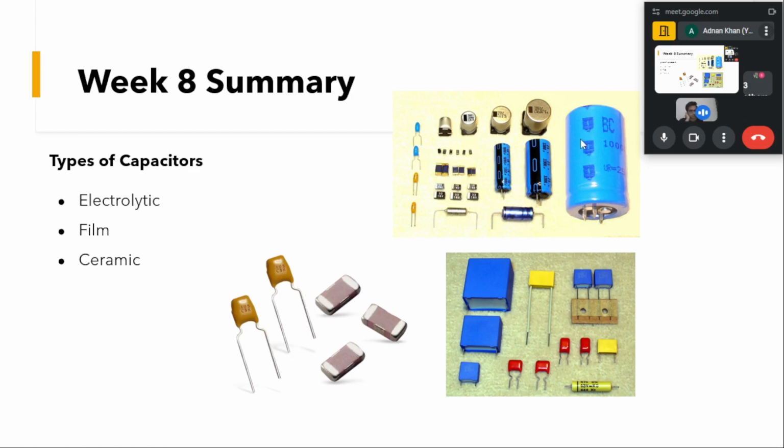There will be terminals marked either positive or negative, or there will be markings on both terminals, and you have to take that into account and make the proper connections. You cannot connect any terminal to any of the terminals in this electrolytic capacitor.